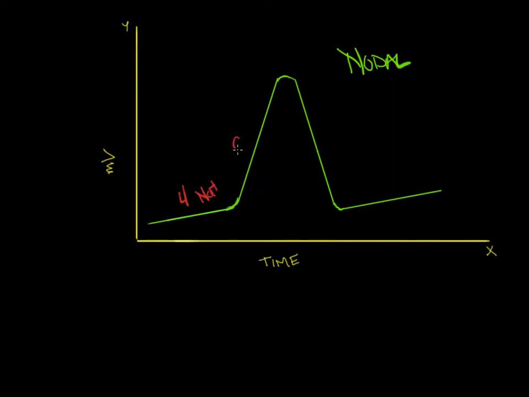Then we move to phase 0, which is the opening of calcium channels. Then we have a negative direction by the opening of potassium channels in phase 3, which will bring us back to phase 4.